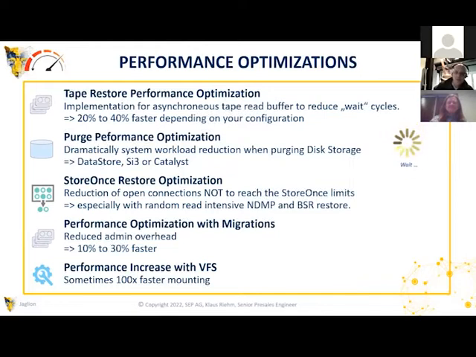And as I guess that almost every customer is using migration, every customer will feel this performance improvement. And also with the mounting, creating this VFS, the virtual file system, especially with VMware, this is definitely now and in most of the cases significantly faster.